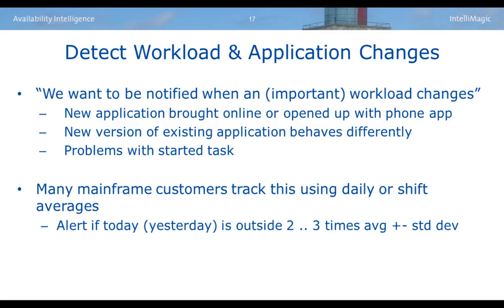So first of all, detecting workload changes. When you think about a workload change, it's important to realize that you're not talking about a real-time, what-happened-in-the-last-15-minutes thing. You're looking at: did this activity grow significantly over the last day as compared to the same day last week?